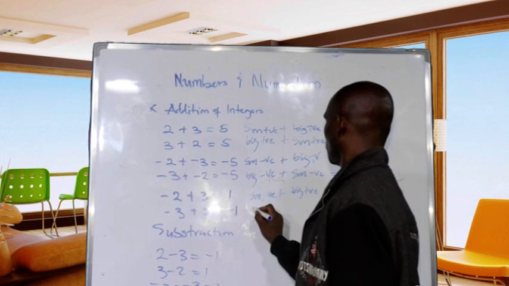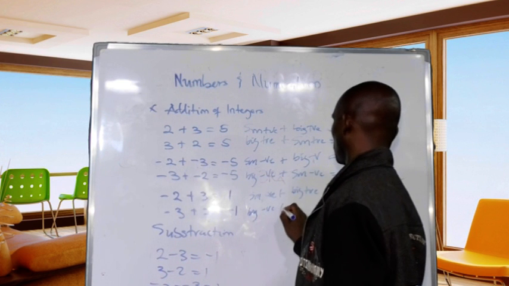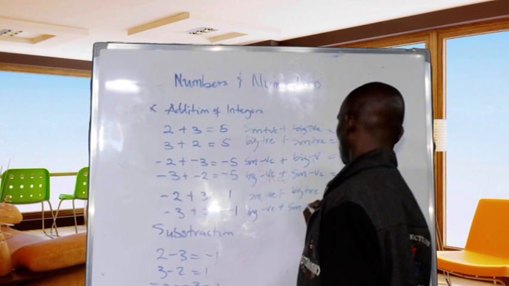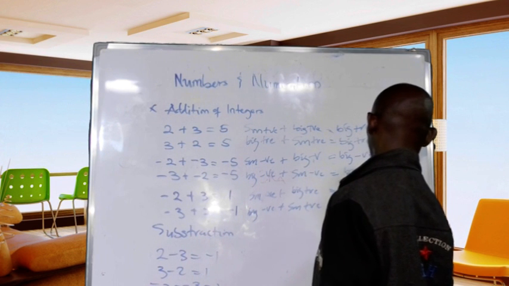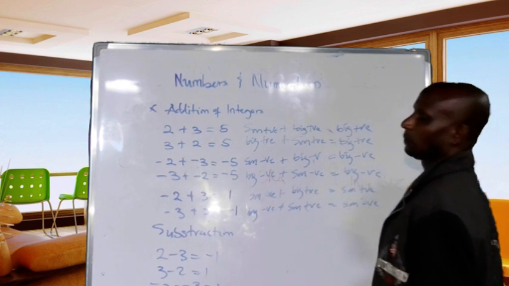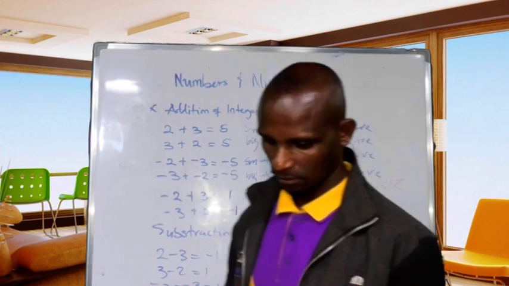Here we have big negative plus small positive. We have small negative. That's the summary of addition of integers.